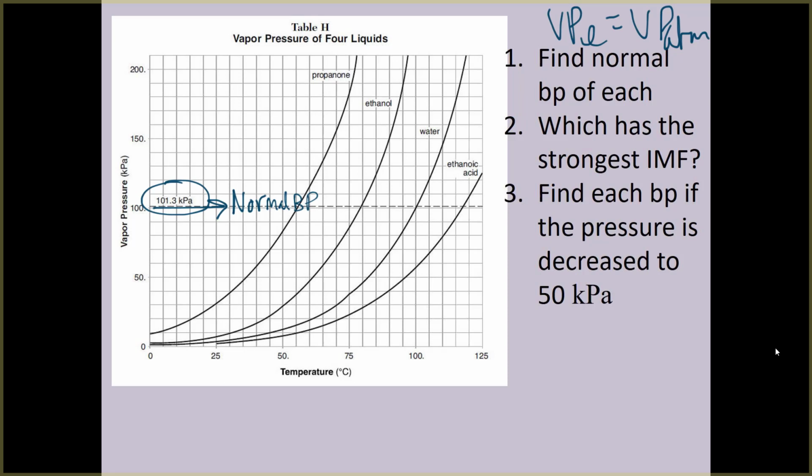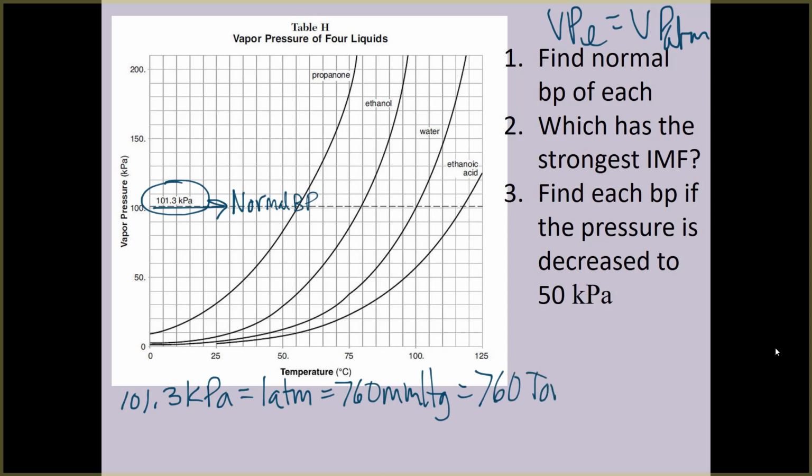So I am using a standard pressure in this case of 101.3 kilopascals. Recall in our earlier goal that is equal to 1 atmospheric pressure, which is equal to 760 millimeters of mercury and 760 torr. So these are all your standard pressure.